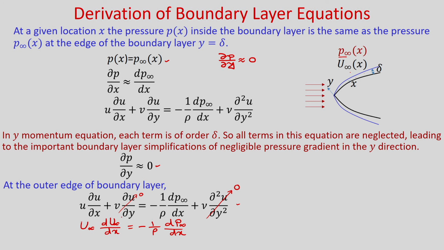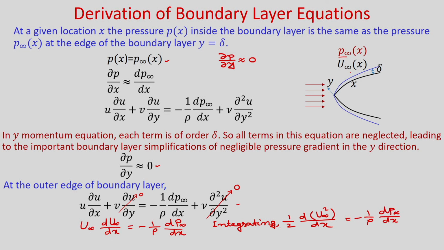Now if you integrate this equation, what you will get? We can write half d(U∞²)/dx is equal to minus 1/ρ dP∞/dx.